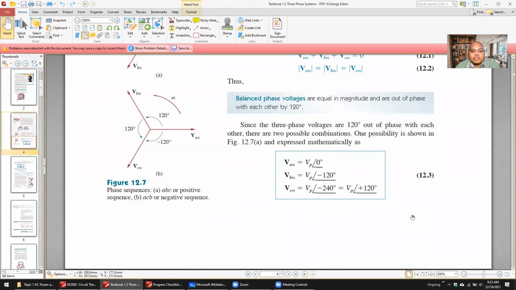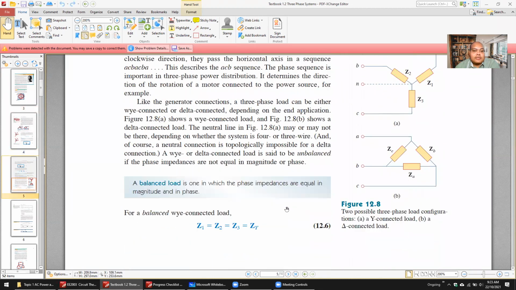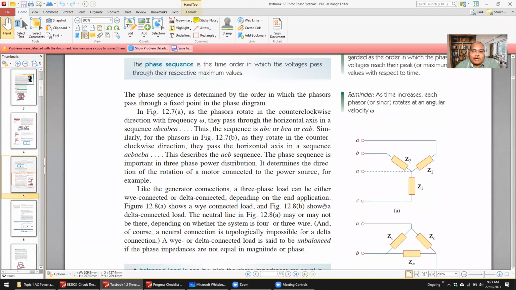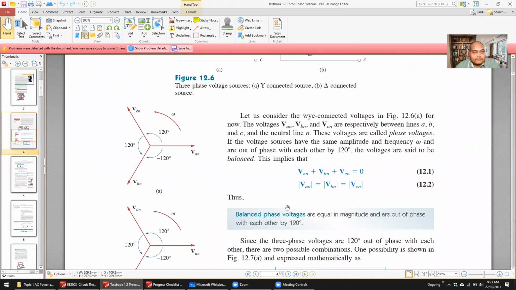Make sure you understand the voltage. You can see here VP is all the same, the voltage magnitude is the same, only the phase is different. That is what is meant by the 3-phase system.